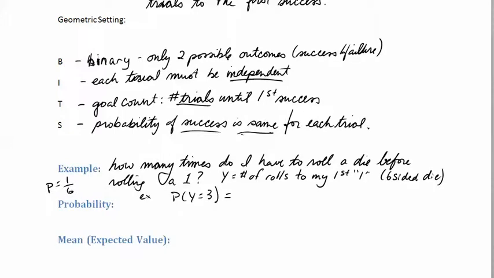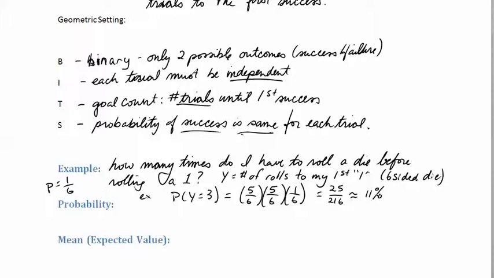So if it's going to take me exactly 3 rolls before I get a 1, the first roll will be 5 out of 6. The second roll will also be 5 out of 6, but the third roll will be 1 out of 6 because that's the roll that I actually get a 1 on. When we multiply this, we get 25 over 216, which is approximately 11%.